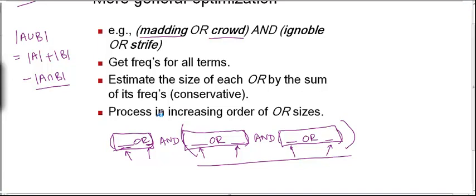And if the length of the intermediate results is small, then recall that all these Boolean operations take time proportional to the lengths, at least the walkthrough of the pointers takes time proportional to the lengths of the two lists. So if the length of any of the lists can be reduced, then we end up minimizing the total amount of time to process this query. So that's the motivation.